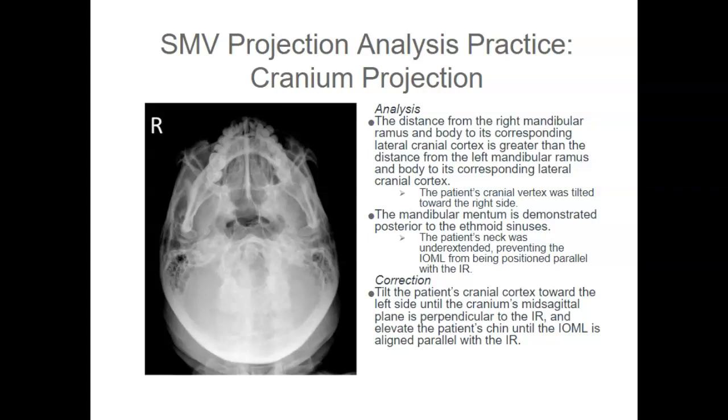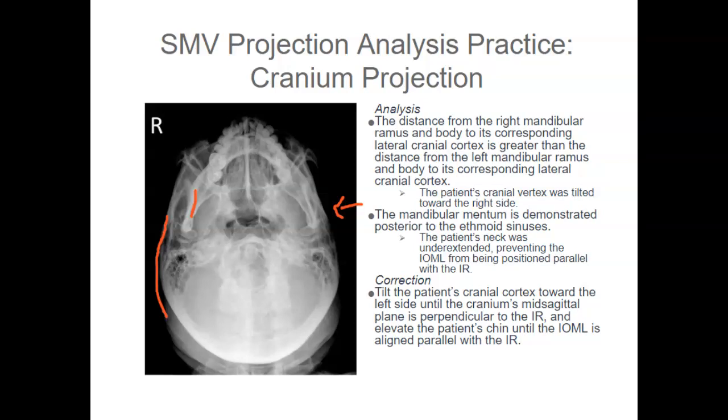In looking at this, we look at the mandibular rami here and their distances from the cranial cortex, and you can see that it is greater on one side than it is over on this left side, meaning that the vertex or the top of the head was tilted towards the right side. So we have to fix the tilt, okay? So we're going to bring the cranial cortex towards that left side until the cranium's MSP is perpendicular with the IR.